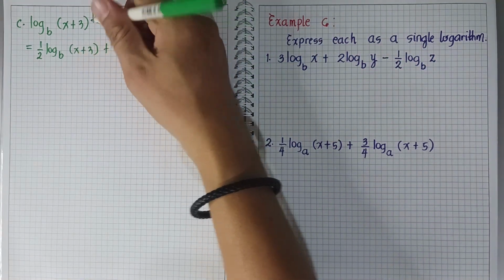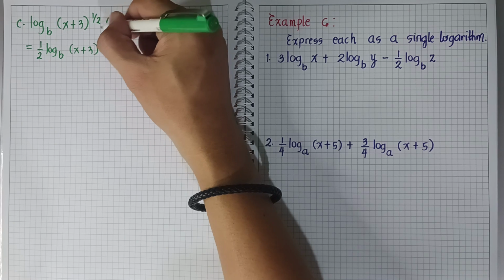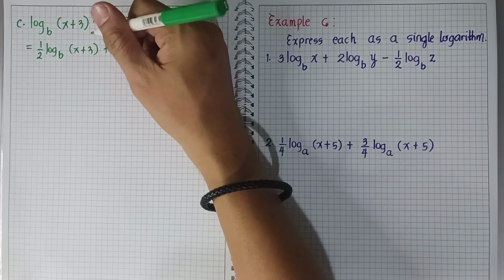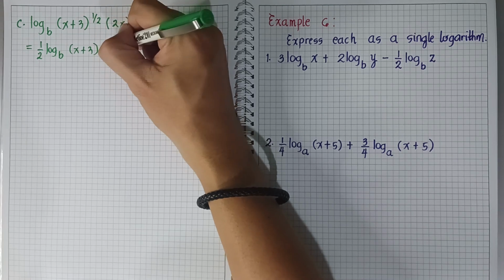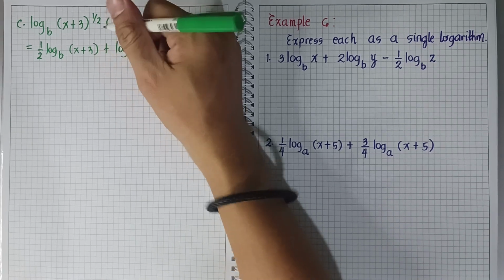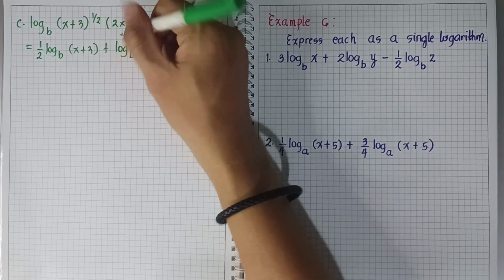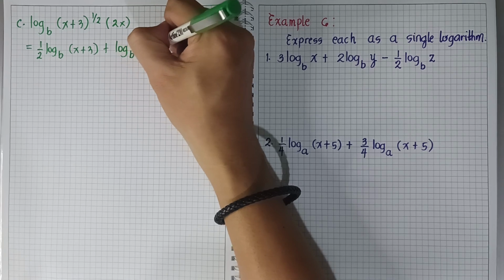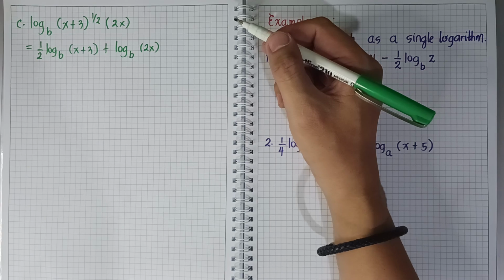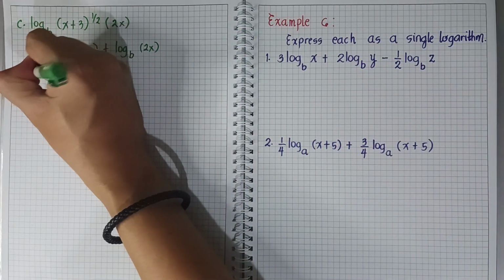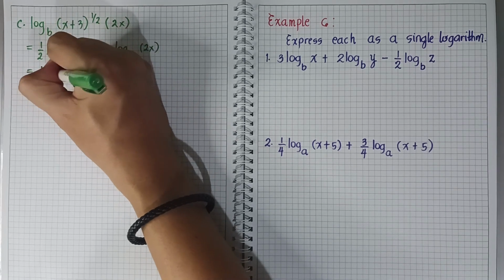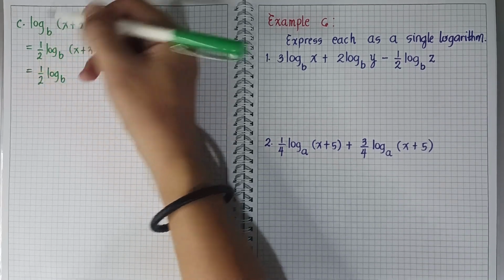Plus, kasi, m times n, right? So, product yan. So, product property, apply natin yon. Okay. And then, the log, of course, to the base b yan. And then, 2x. Okay. Can we still simplify? Yes, pwede pa ma-simplify, no? Okay, so this is equal to 1/2 log, of course, base b yan.